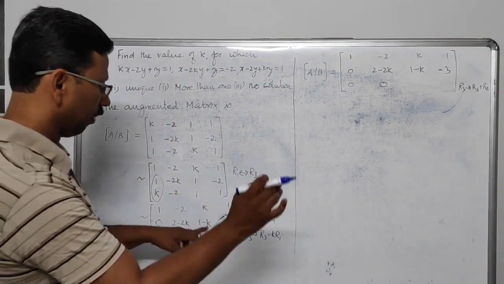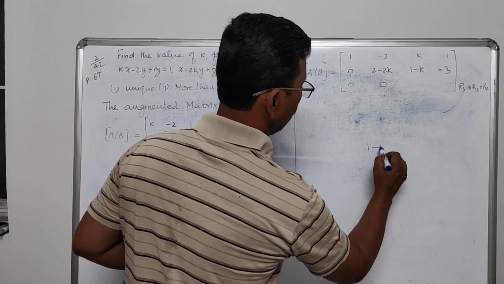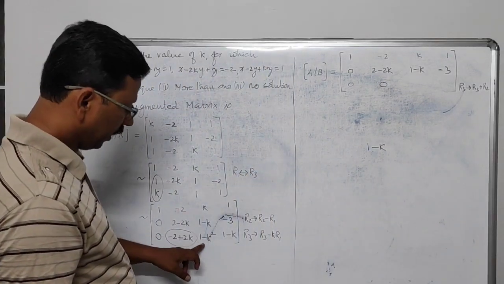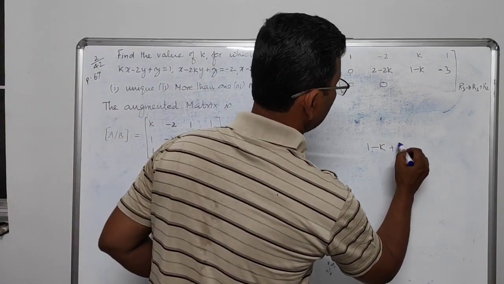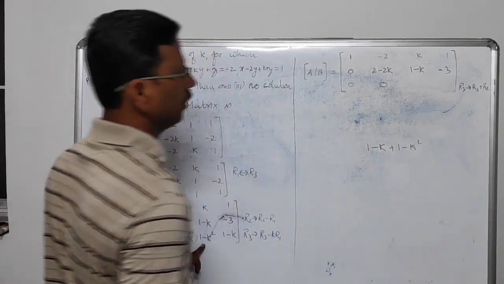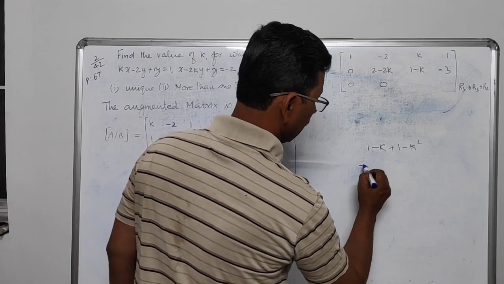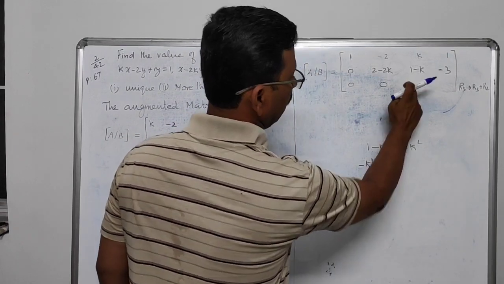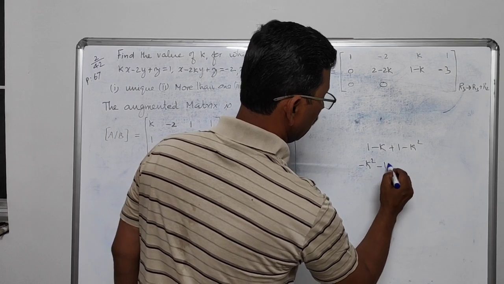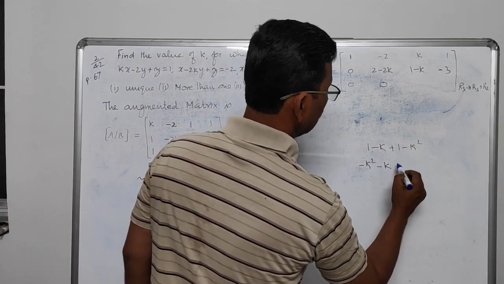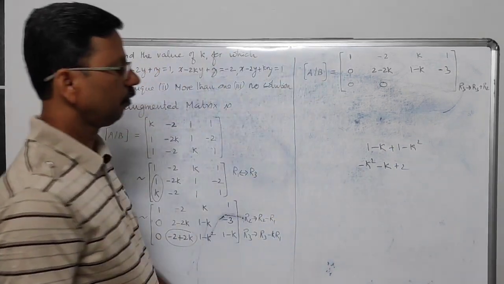Look here, I will do this rough work: 1 minus k plus 1 minus k square plus 1 minus k square. We are adding these things. Now, writing k square first, that is minus k square, and calculating minus k square minus k, then you get plus 2.